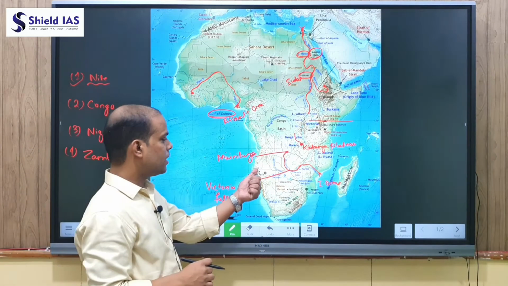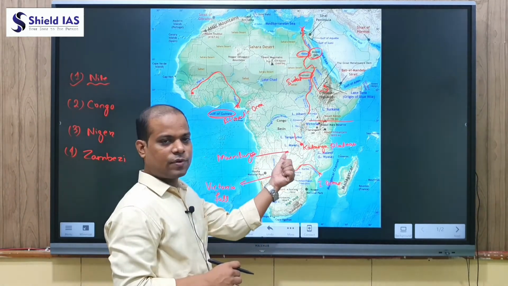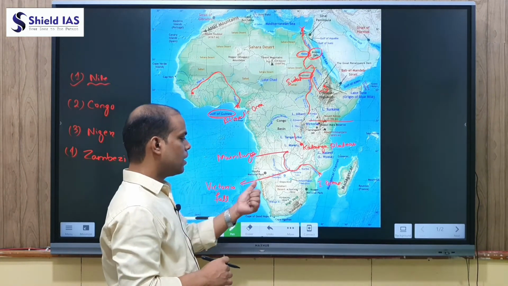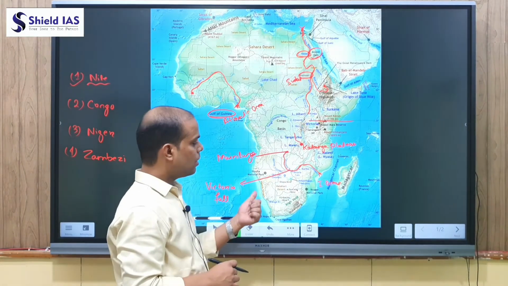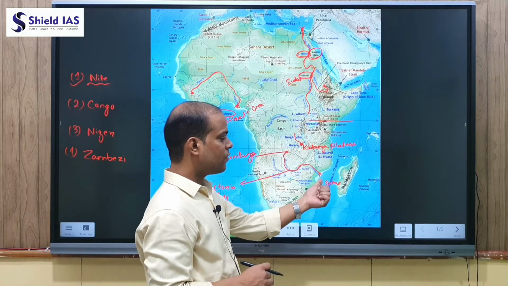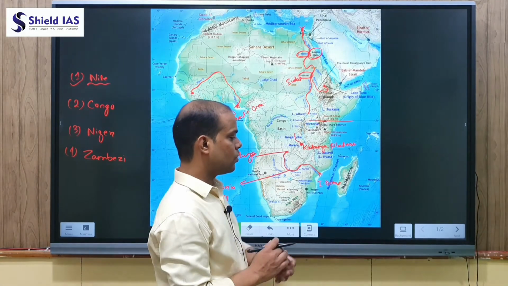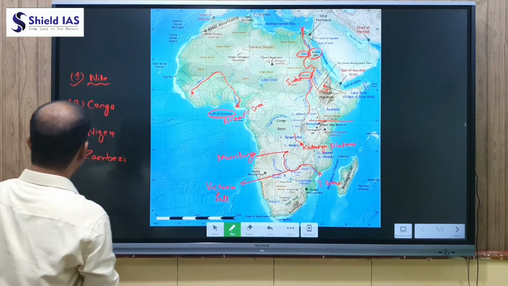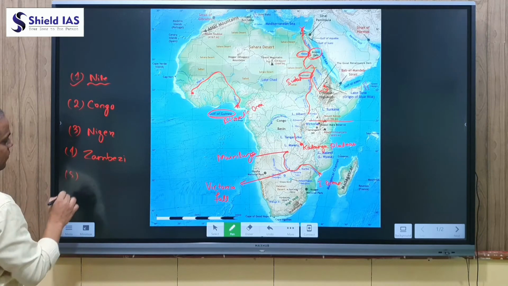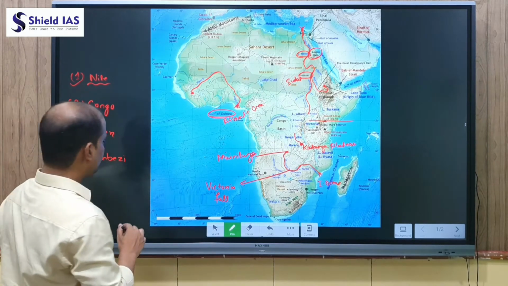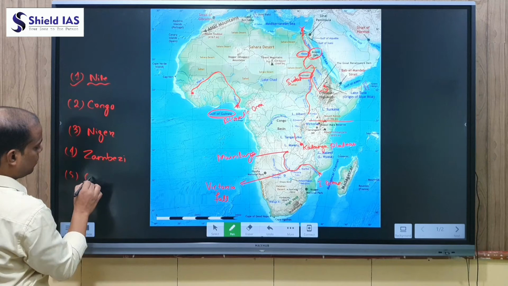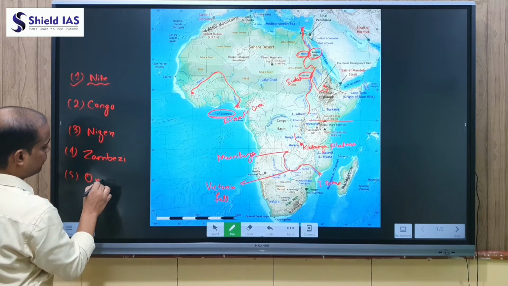So here the important things: Moinilunga is the source of river Zambezi, the important waterfall is Victoria Fall, and the mouth of the river is the Indian Ocean. And the fifth river, which is important from the prelims point of view, is river Orange.